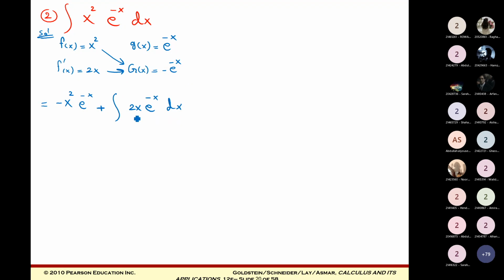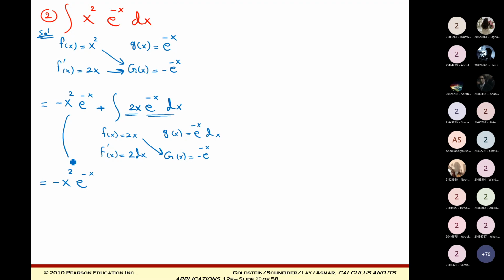So f of x here and g of x is e to the power minus x again. f of x equals 2x, f prime of x equals 2, and g of x equals e to the power minus x dx. The g capital of x equals minus e to the power minus x. Now multiply by this one, so we have minus x squared e to the power minus x here.